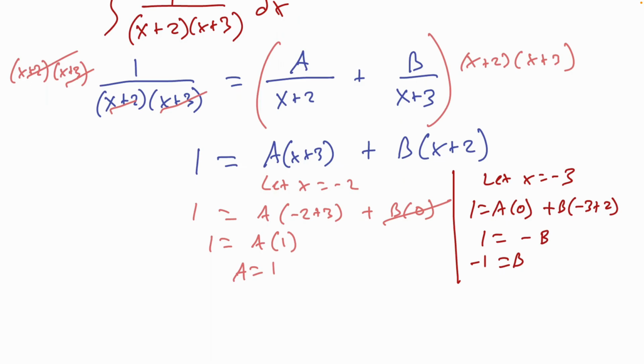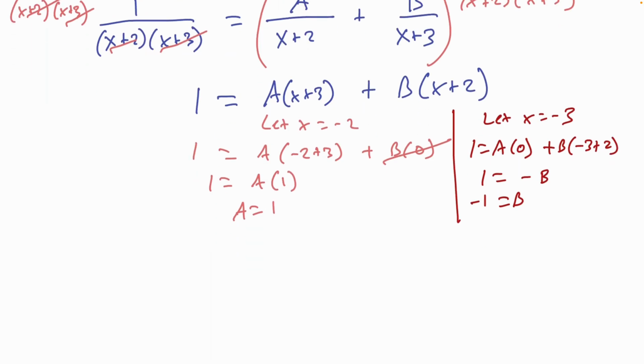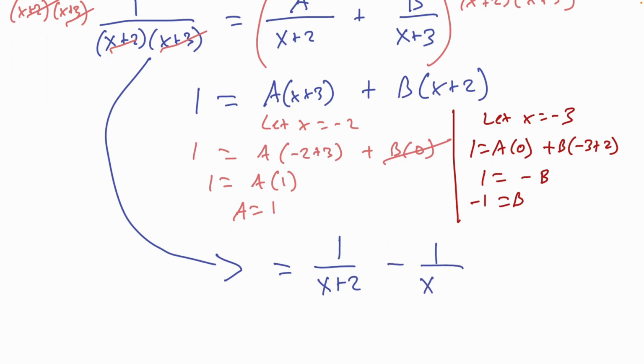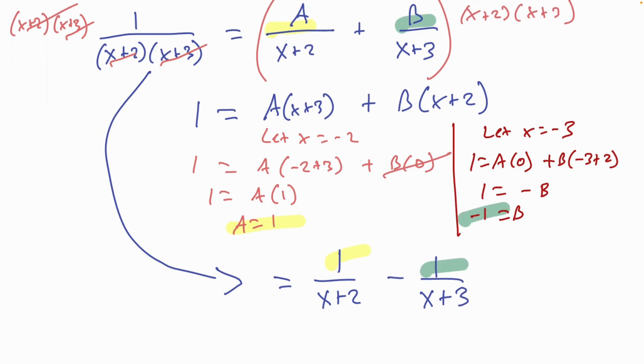What I'm able to do now is take that original polynomial in the denominator and rewrite it with a new a, 1 over x plus 2, and a new b, negative 1, so minus 1 over x plus 3. I put my a and my b in those spots.